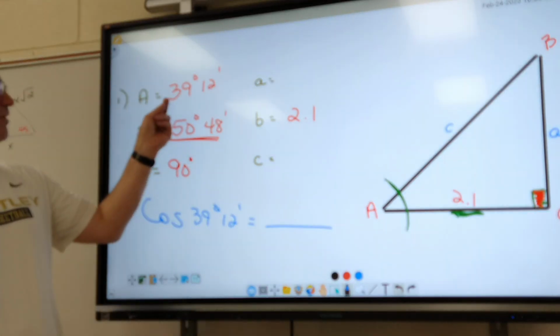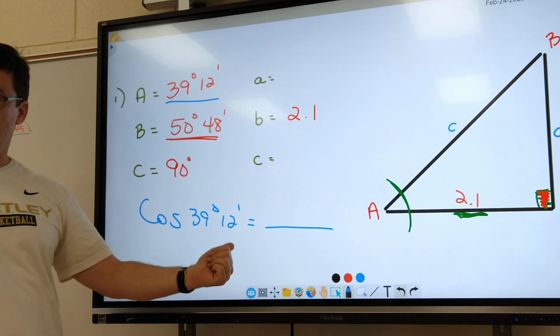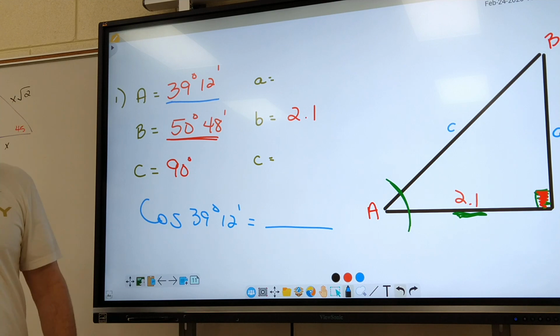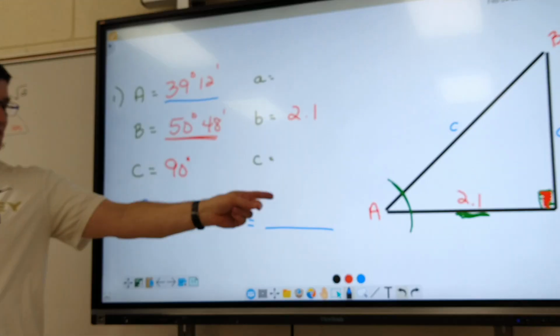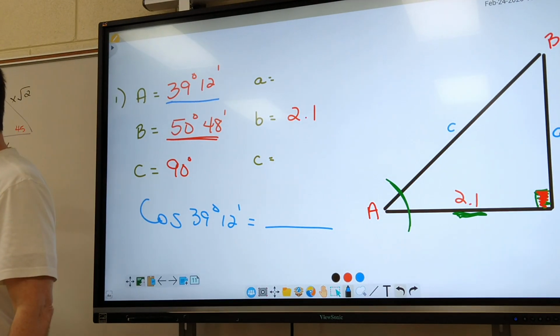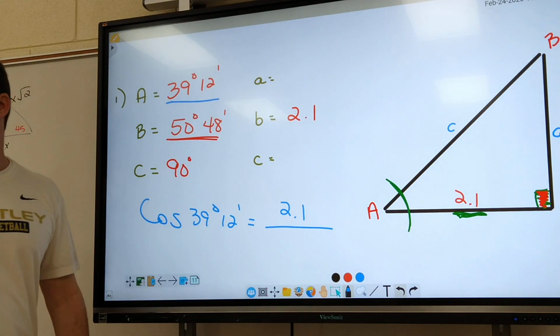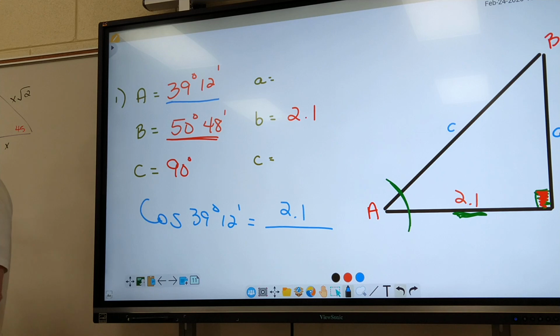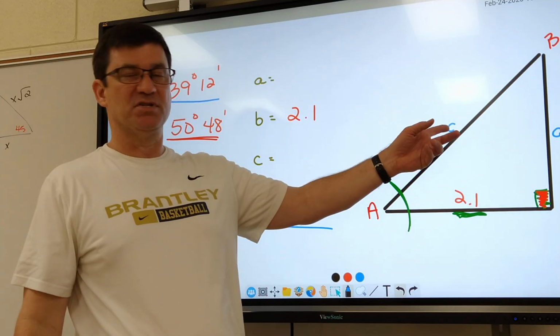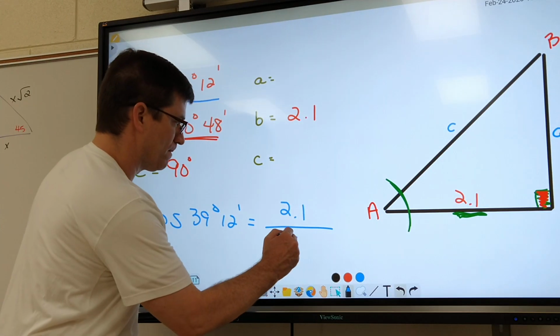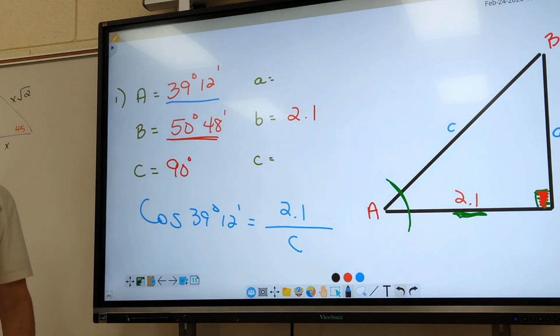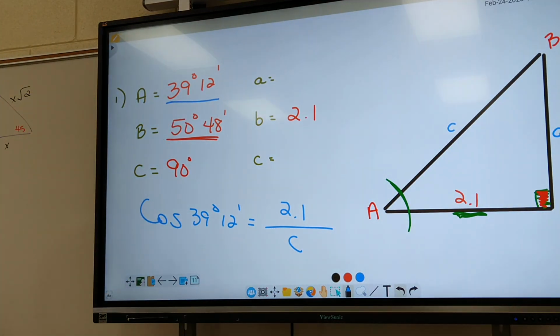So you're going to have to write down the measurement for angle A every time. What goes on top in the cosine formula? Adjacent. Your adjacent side is 2.1. What goes on bottom in the cosine formula? Your hypotenuse. What's on the hypotenuse side? Nothing, so we'll just keep little c. That is the only step you're going to have to show me doing this problem.